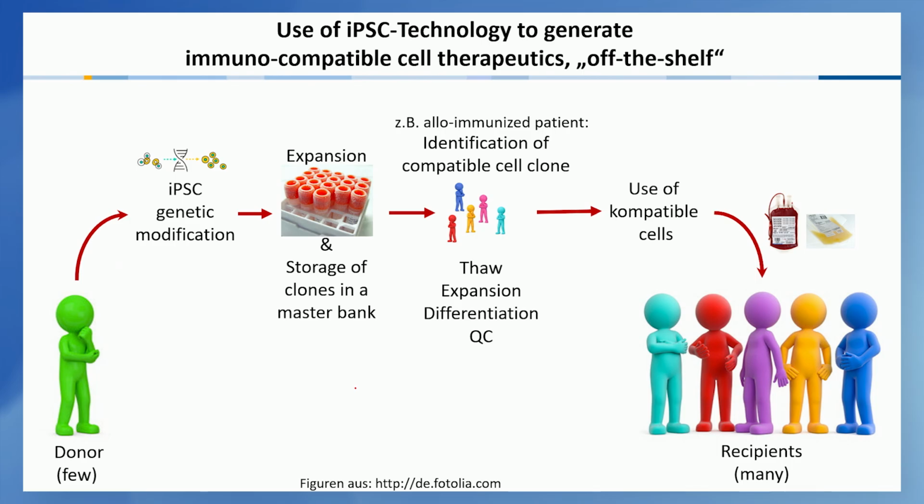So whenever you have a patient in need of such cells, you would identify the one fitting best, take those cells, identify a compatible cell clone, thaw, expand those cells, do quality controls, whatever you want, and use those compatible cells.